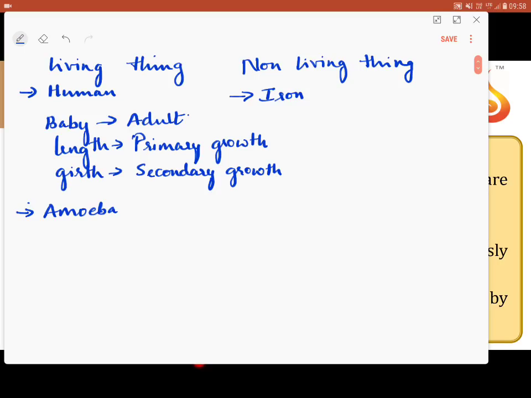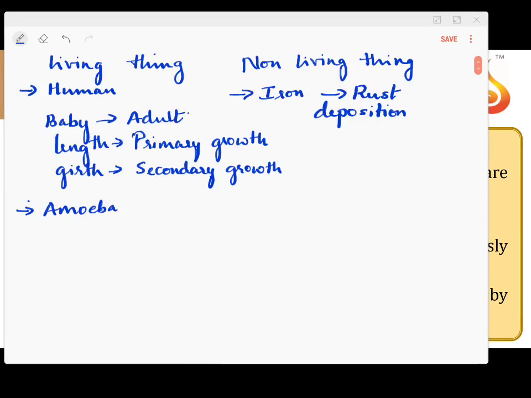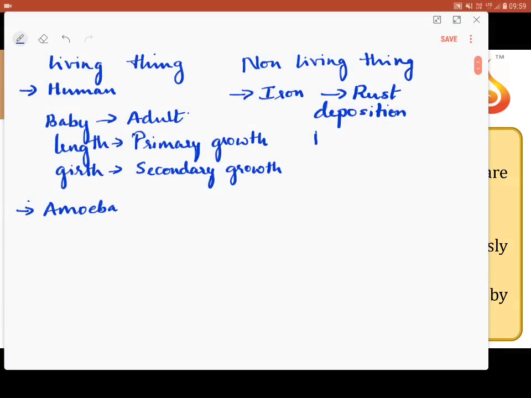Now, let us see in case of non-living thing. Iron gets rusted and you can see a deposition which is happening at the top of iron. Can I say it as growth? Yes, the amount surely has increased. But look at the difference.